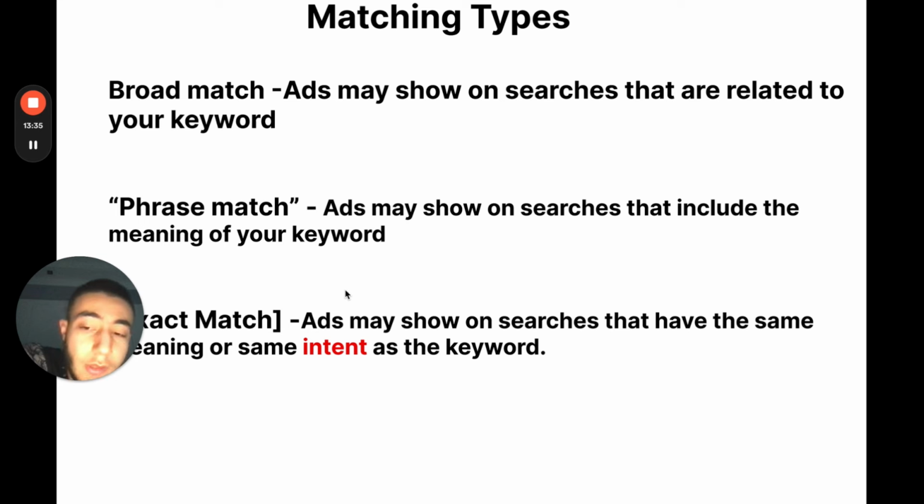For example, plumber near me is related to the pipes and anything like that. So broad match is going to broadly match any searches related to plumbing. However, it also looks at the past search history of that user and looks at the keyword, and if it's relevant, it's going to match your ad with that user.